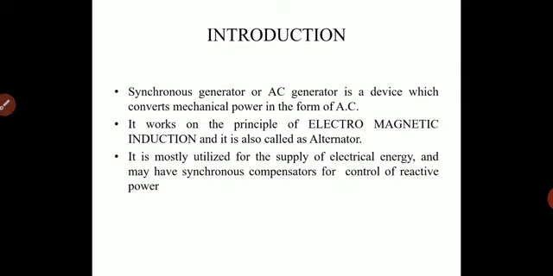In simple words, as this machine rotates with a synchronous speed, hence the name is synchronous generator. Later we discuss the equation for synchronous speed and how it is related to the frequency, that is the frequency output of the alternator.